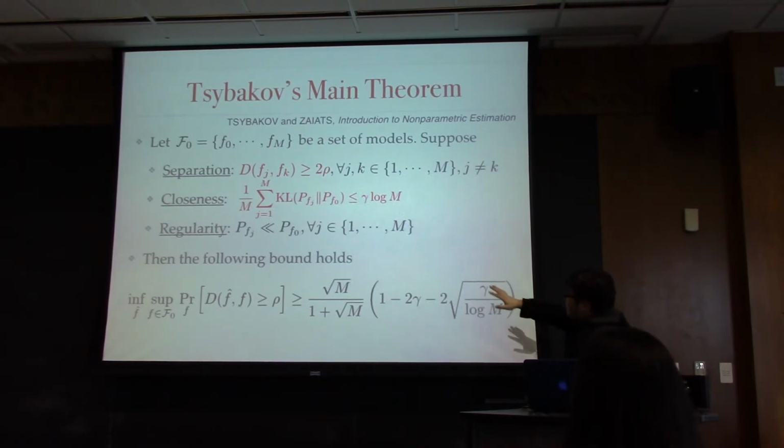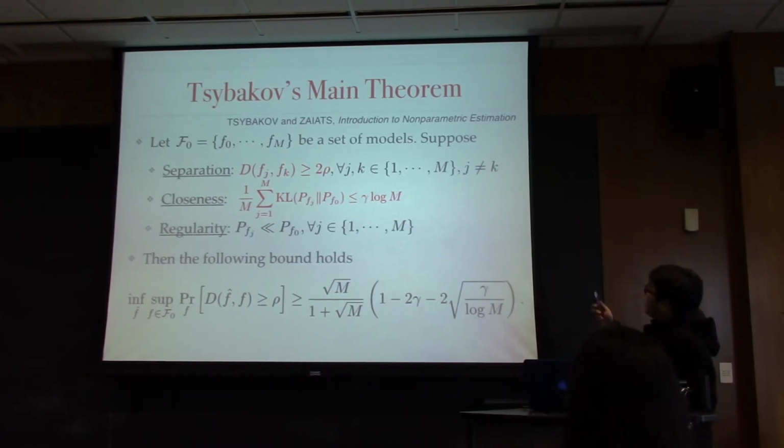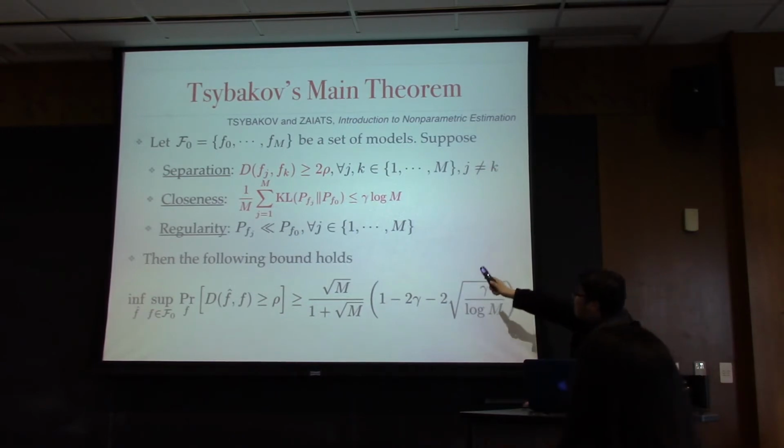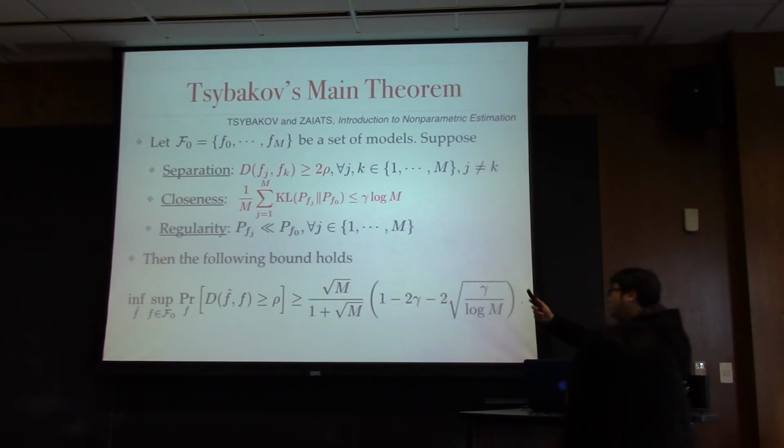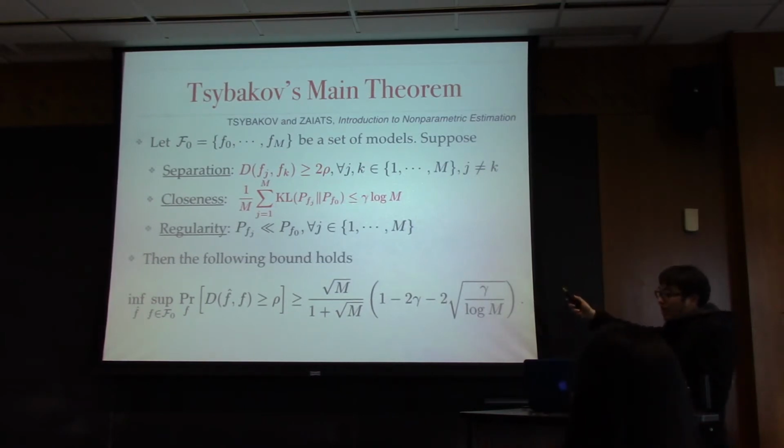The second condition is closeness in the distribution. This condition asserts that the average KL divergence between any of the distributions in F0 compared to a particular distribution in F0 is very small. Here P of Fj is the data distribution induced by the distribution I constructed.